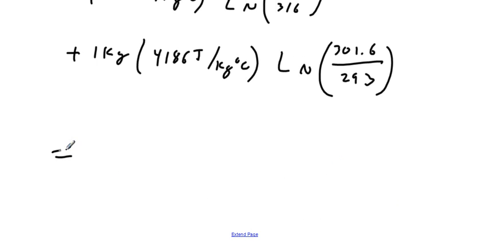And when I get done putting all that in my calculator, I get 4.4 joules per K. So that's going to be my change in entropy.